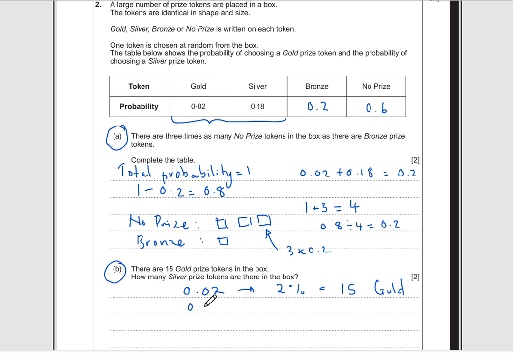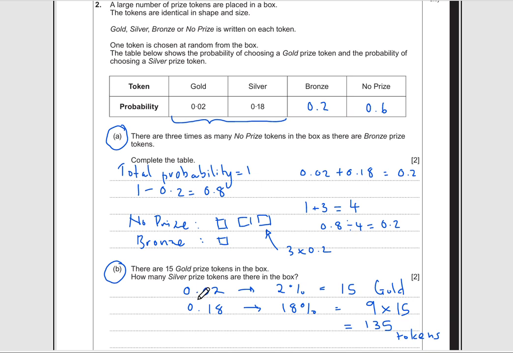And we want to work out how many silver. So that's going to be 0.18 or 18%. So hopefully we can spot the link here. This is going to be multiplied by 9. So it's going to be 9 times 15, which will be 135 tokens.